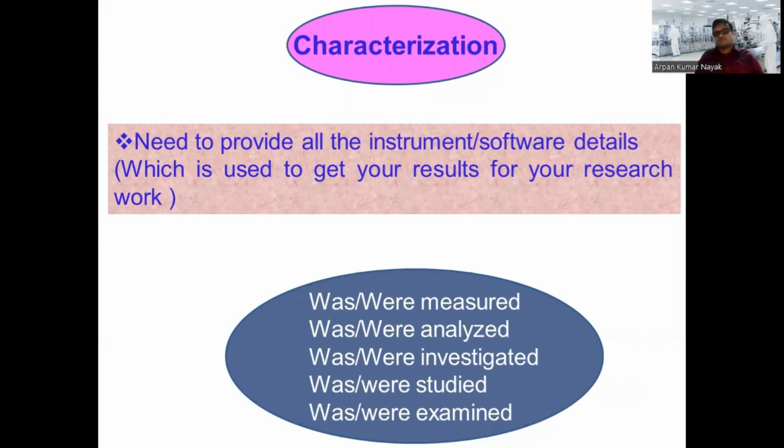All the detailed information about the instruments you have to give: which instrument you used for which application or study, the model number, and how it was done. If you are doing theoretical work, then all the packages and programs you used, every detail you have to give in the characterization section.